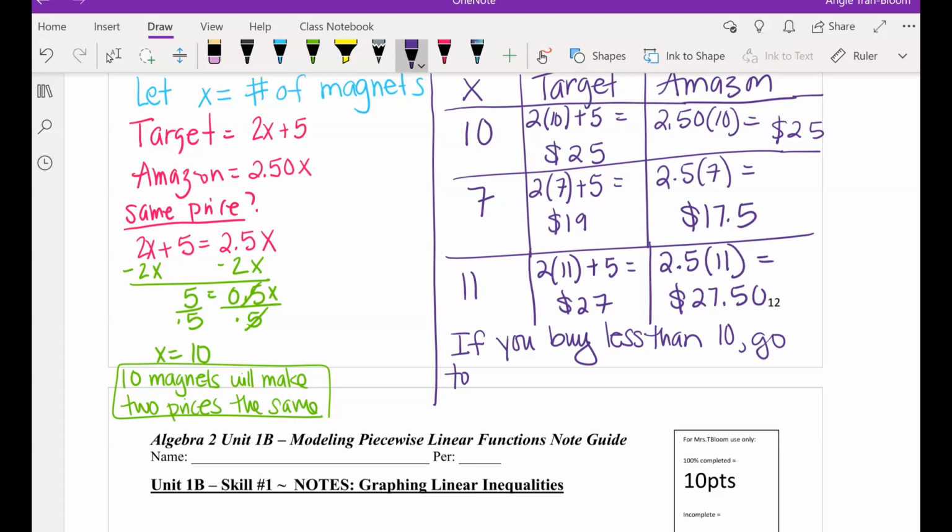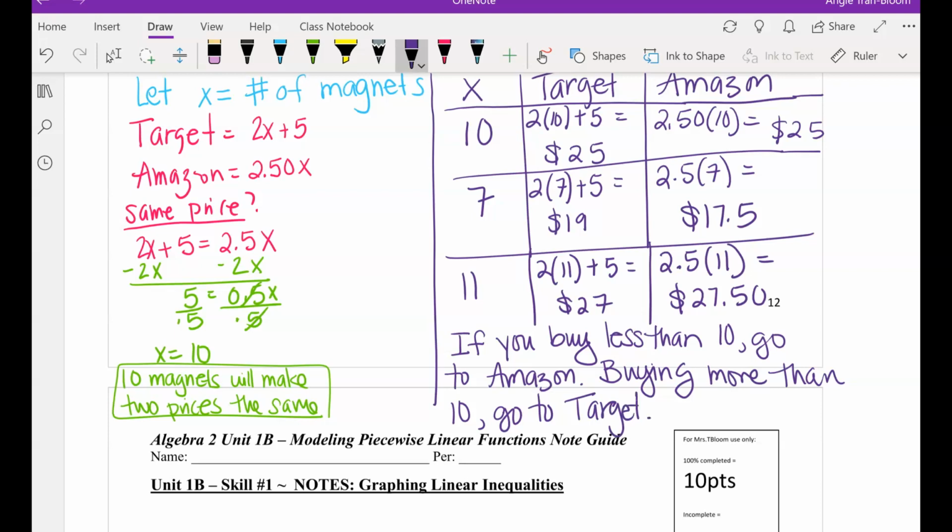Target. I thought less than 10 go to Amazon. Right? Yes. Buying more than 10, then go where? Go to Target. All right, beautiful.